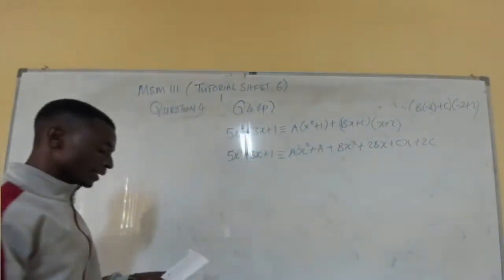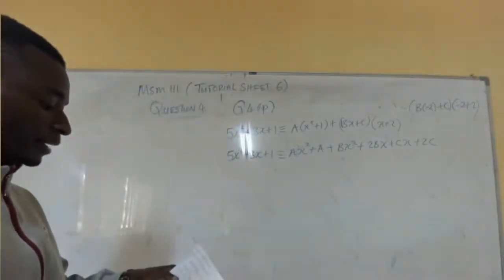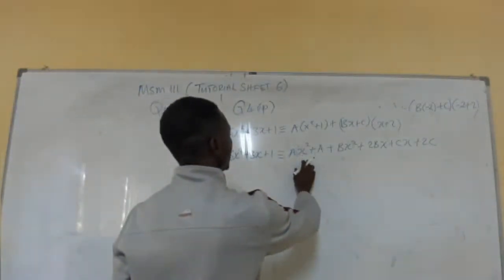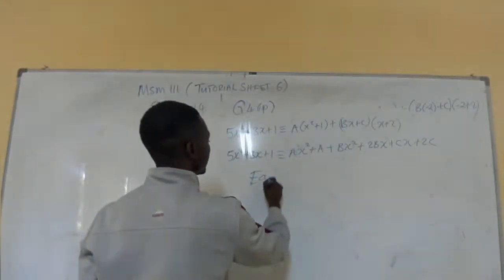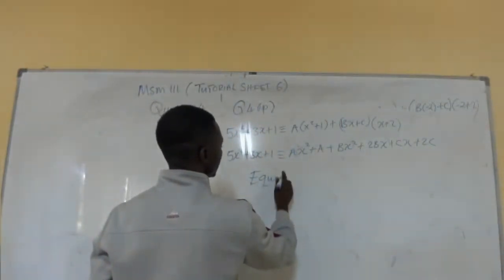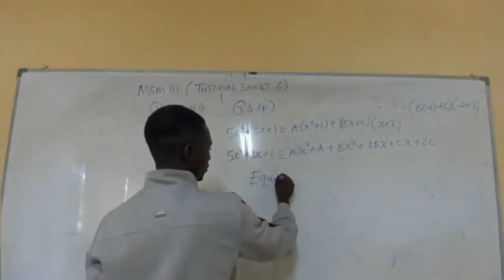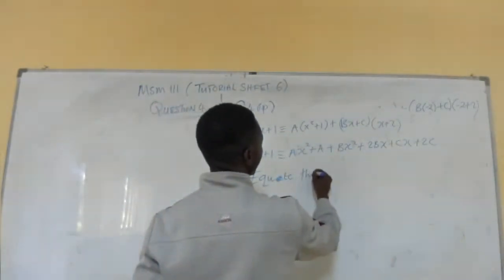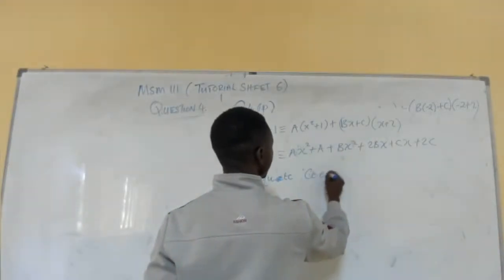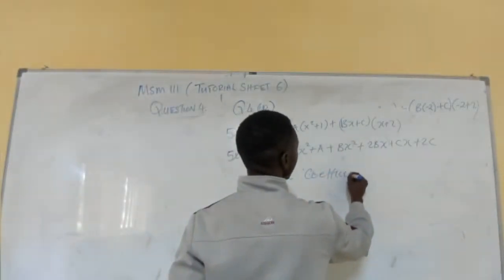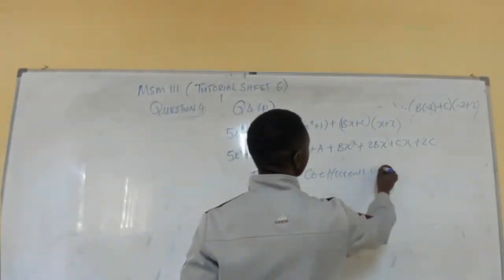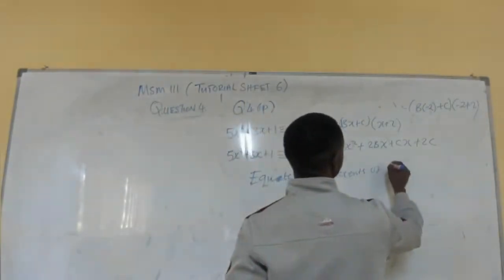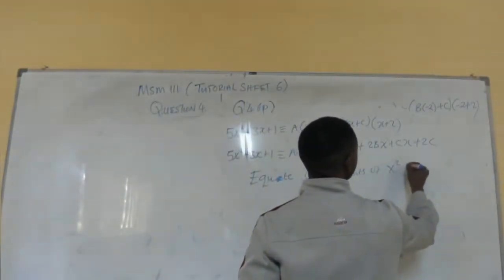So now, for you to find the value of b, equate the coefficients of x squared terms.